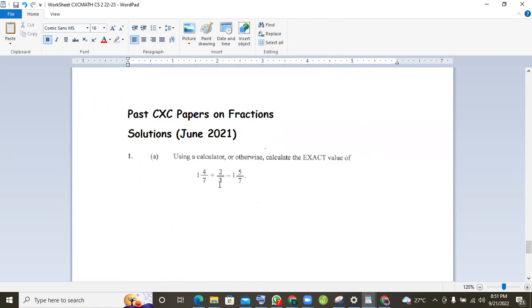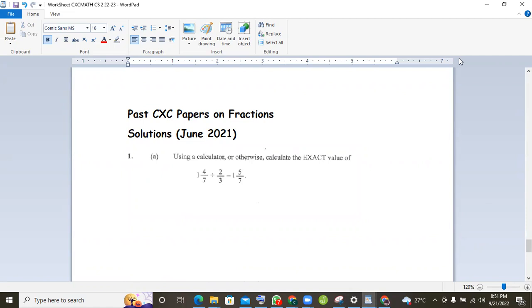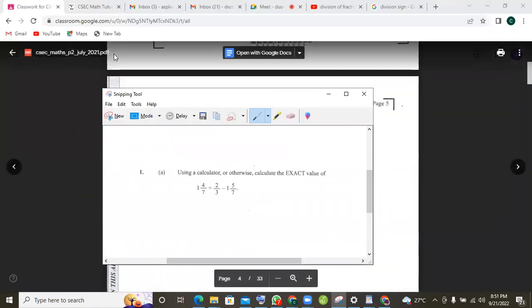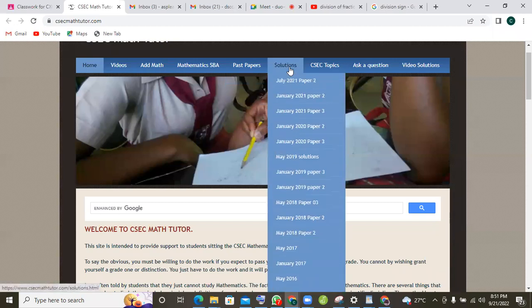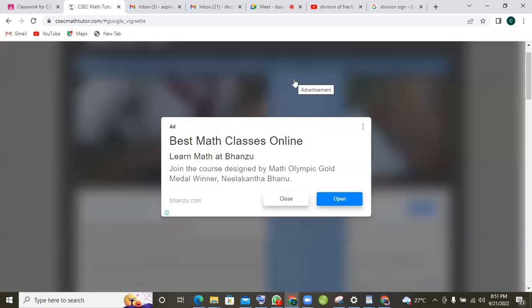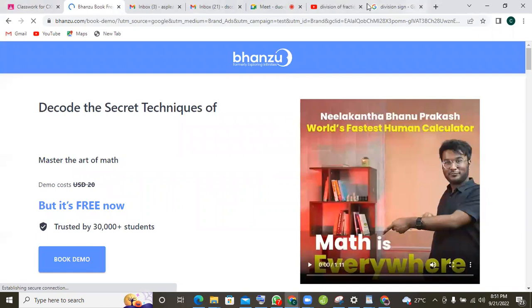You can attempt the July 2021. However, you can verify your answer by going to the website. You go to solutions and you look for the July 2021 past paper. You open it.